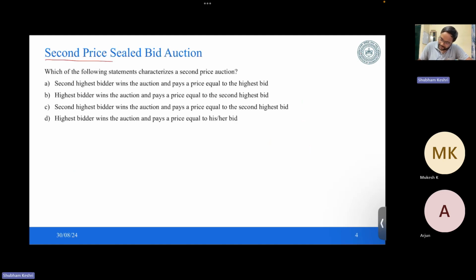Now this is about second price auction. Please go through the options and let me know what you think is the correct answer.